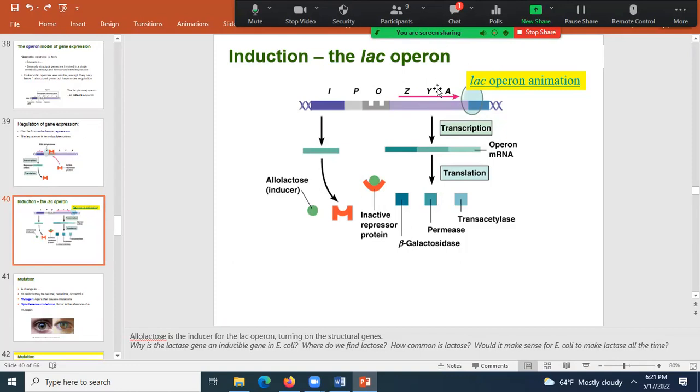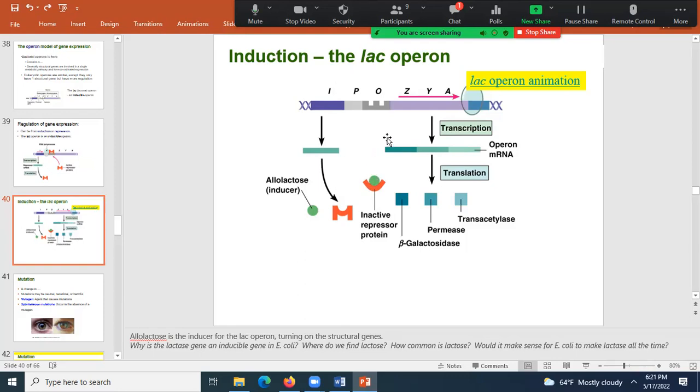Now, if there's lots of repressor protein around, another repressor protein or the same one will bind to the operator, and that'll shut down the expression of the gene. But if allolactose is around, then the repressor protein will bind to it once it falls off the DNA, and that will turn on the expression of the gene. And that is why the lac operon is induced. It is induced to be turned on whenever the sugar lactose or allolactose is around.